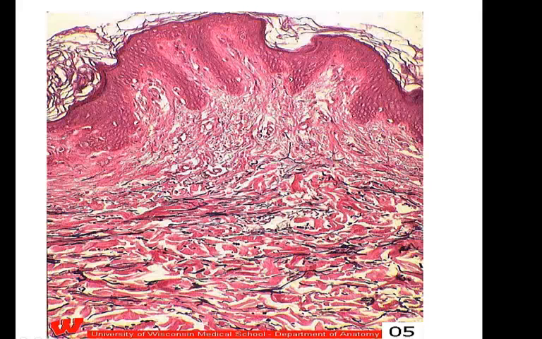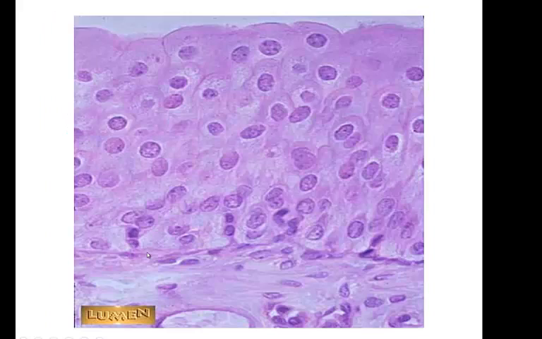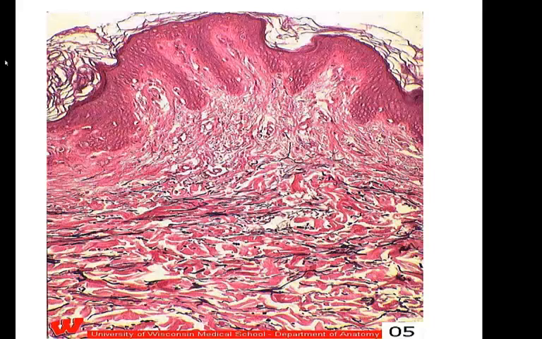So this is the outer portion of your skin right here. This is called your epidermis. All this stuff right here we're going to get to when we talk about connective tissue. It is your dermis, the underlying dermis. I wish we had a closer version of that. That would be helpful. Maybe we will later on.